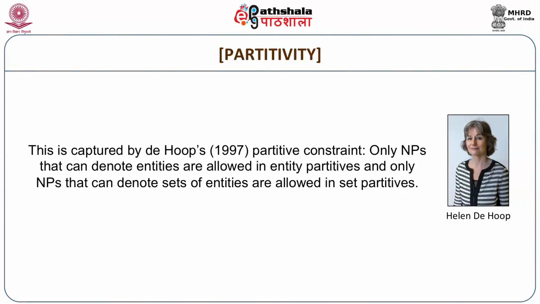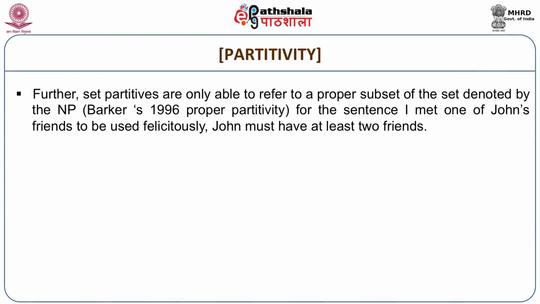This is captured by de Hoop's partitive constraint, which goes as follows. Only NPs that can denote entities are allowed in entity partitives, and only NPs that can denote sets of entities are allowed in set partitives. Furthermore, set partitives are only able to refer to a proper subset of the set denoted by the NP.